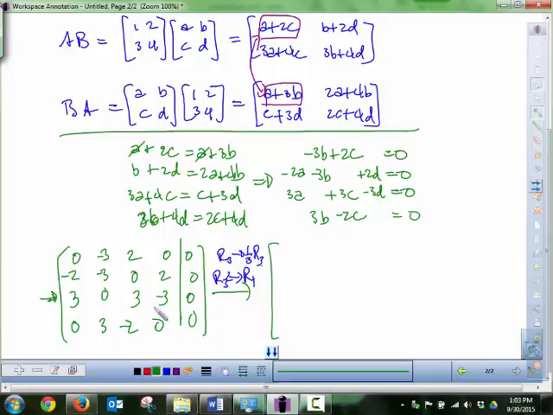So I'll divide out the 3 and then move that up in the first row. 1, 0, 1, negative 1, 0. And then I swapped this one down. So 0, minus 3, 2, 0.